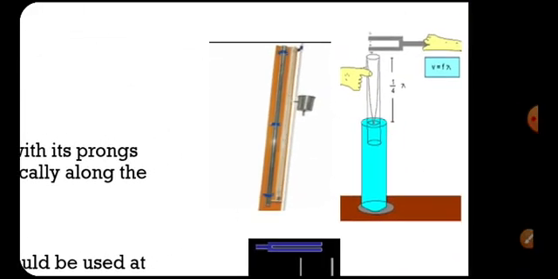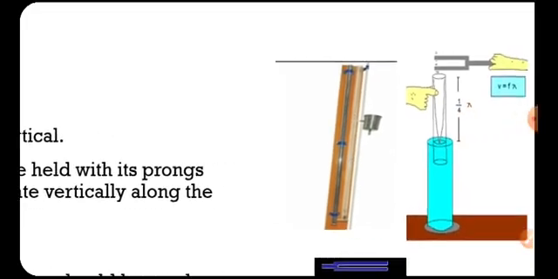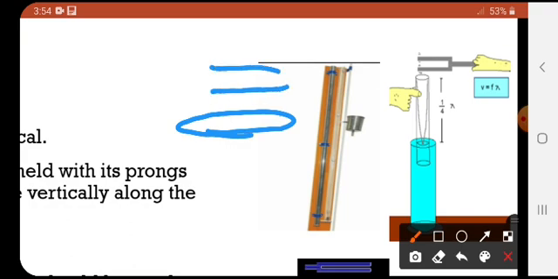For example, this is an open end, so the tuning fork must be held like this. Its vibrations should go vertically down.